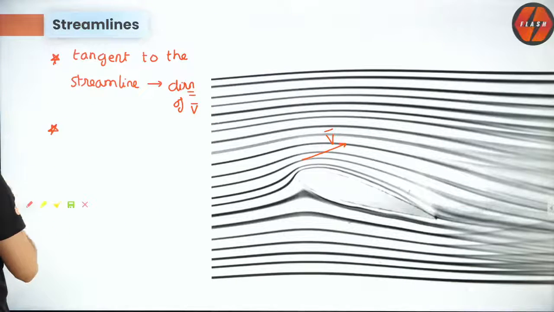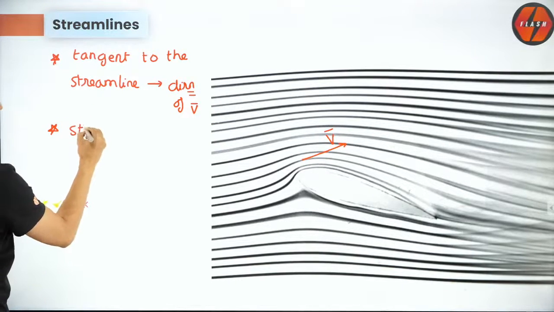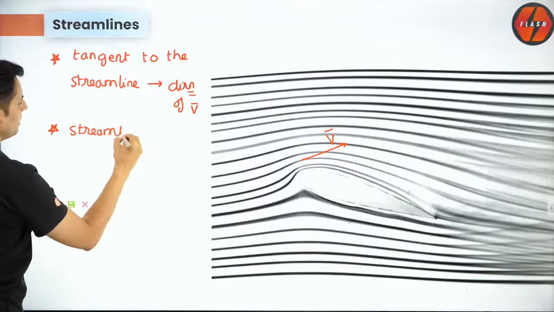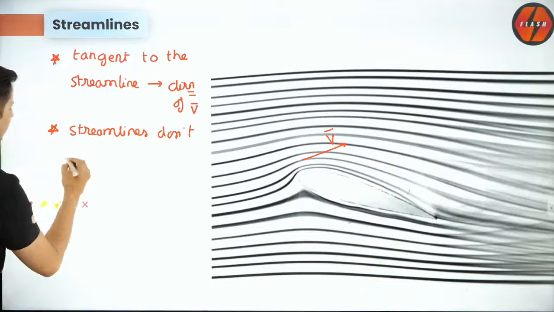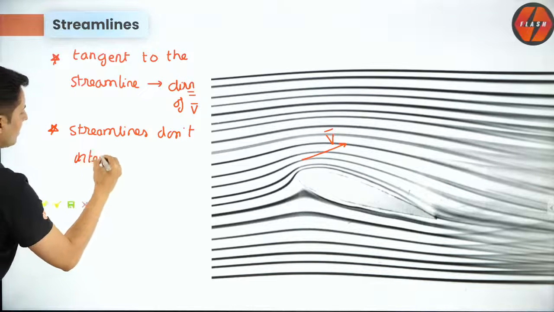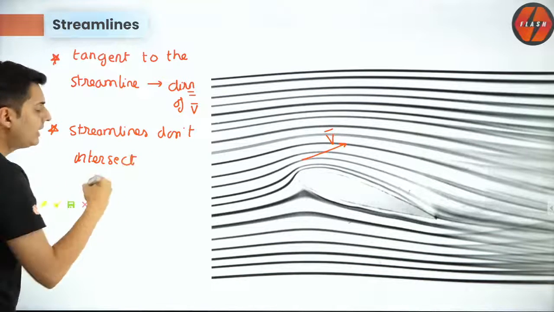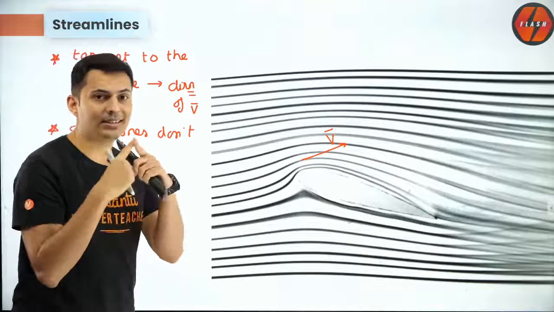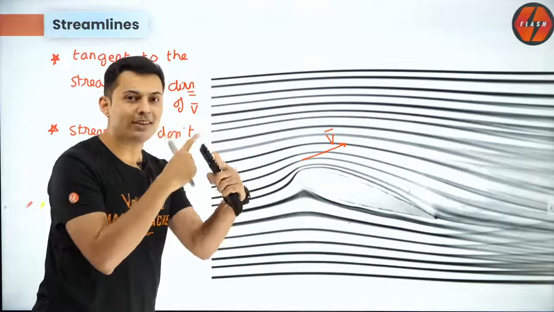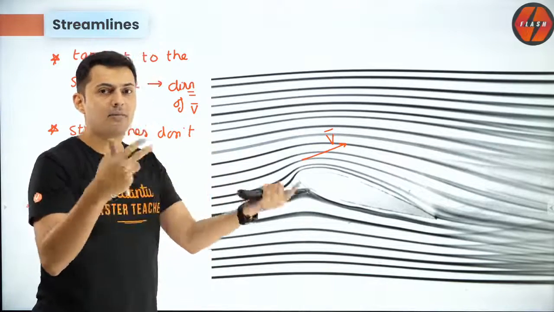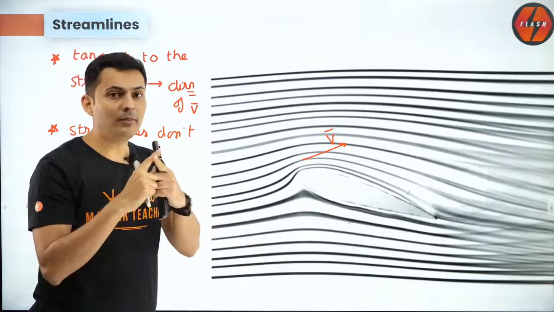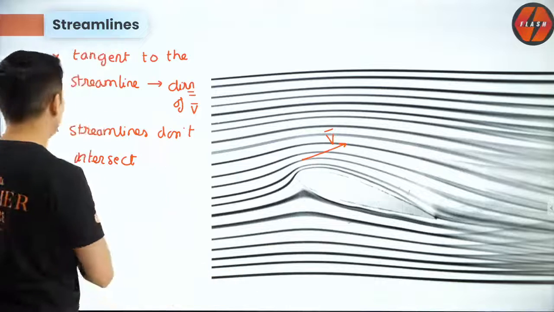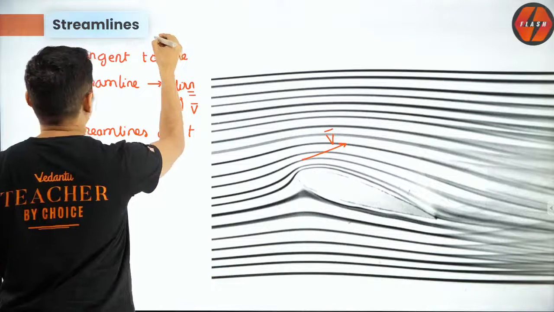Second important thing, streamlines do not intersect each other, because if they did intersect each other, that means that point has two velocities simultaneously and you would be in confusion. What is the actual direction? So a streamline cannot intersect another streamline, and what were streamlines?